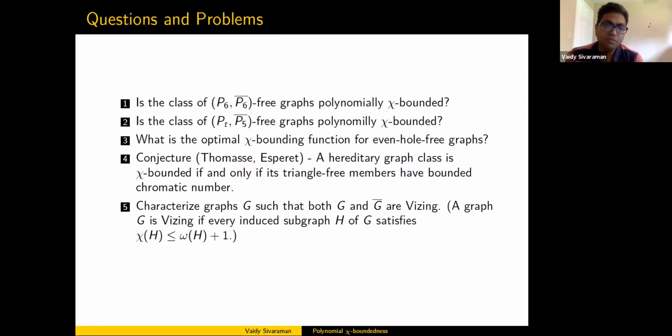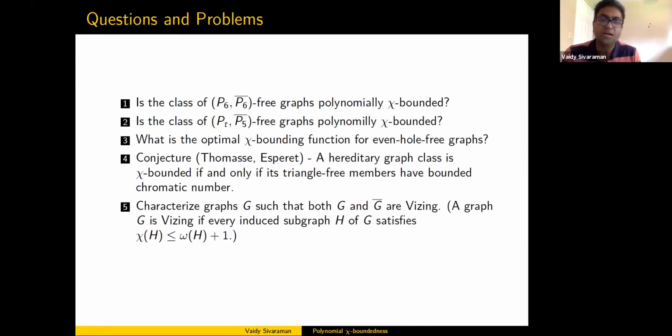And my last question is, you could take polynomial chi-bounding functions and define graph classes. And that's exactly what Berge did. So let us call a graph Vizing if every induced subgraph satisfies chi is at most omega plus 1. And it would be a good idea to understand what graphs are Vizing, but it turns out that it's pretty rich.